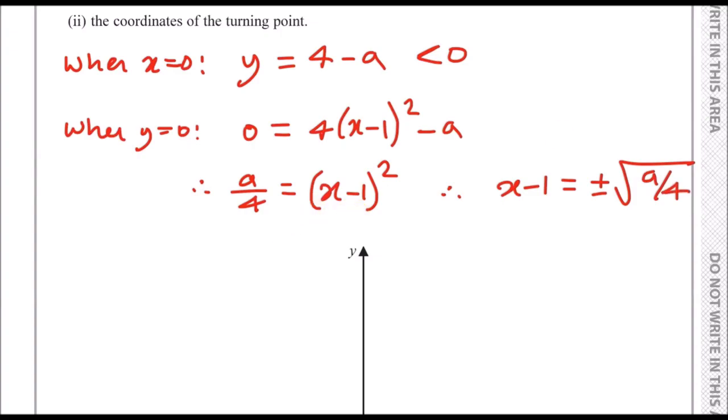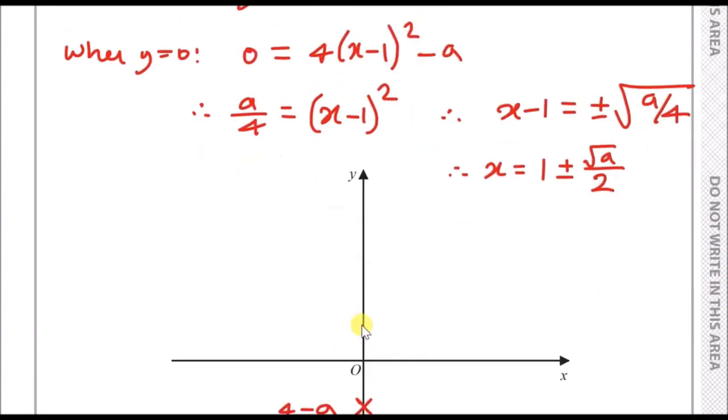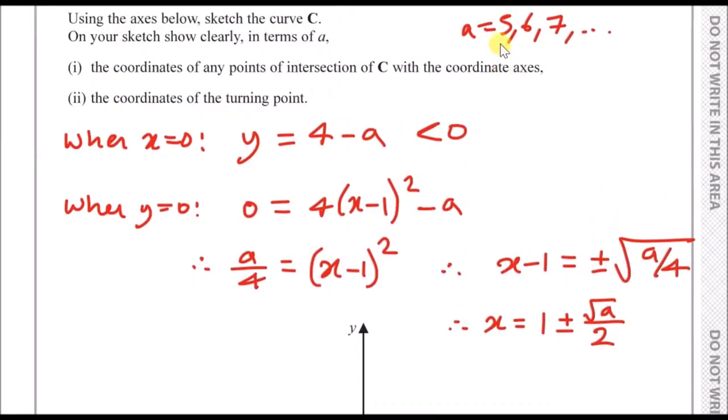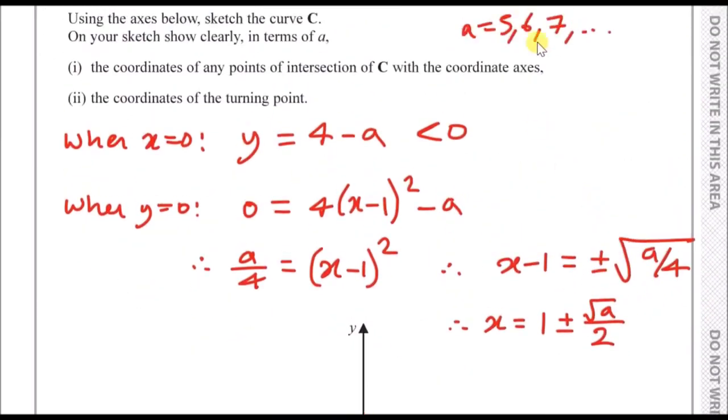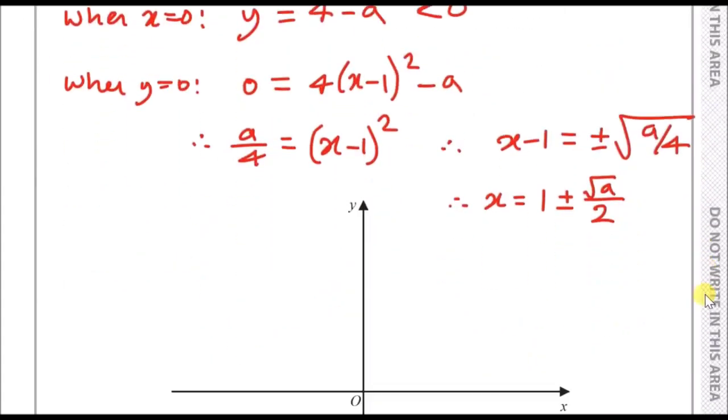And then we can just add 1 across. So x equals 1 plus or minus, and by the way, guys, when you square root 4, you get a 2, yeah? So you're left with root a over 2. Okay, and this is actually where it's going to be. Now, just to know where this is going to be roughly on the diagram, just think of some numbers for a, yeah? So let's plug in 5. Actually, let's plug in 9, because 9 you can square root, can't you?